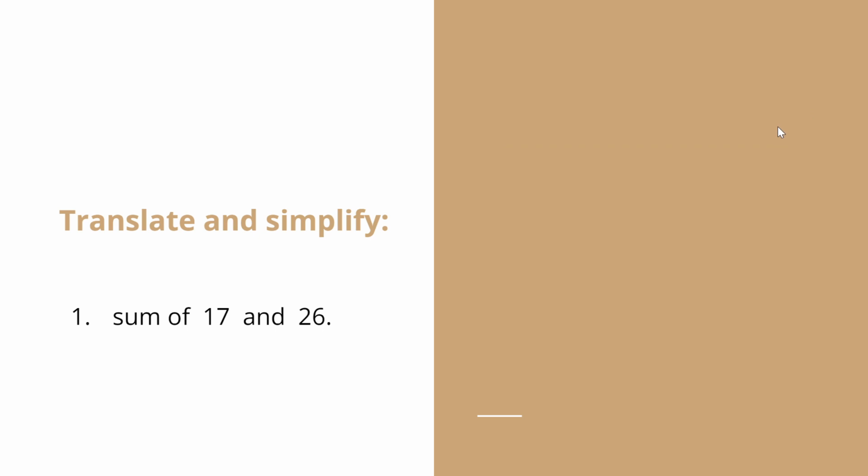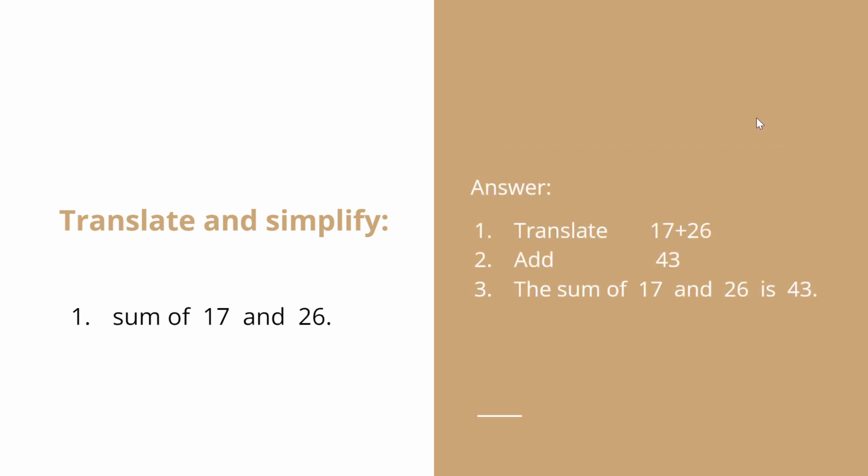Time's up. To translate it, we write 17 plus 26. The sum of it is 43, so the sum of 17 and 26 is 43.